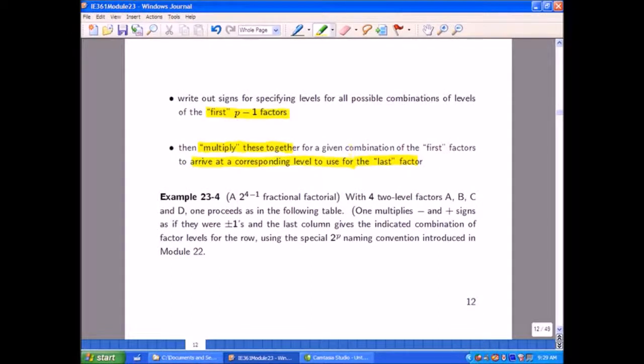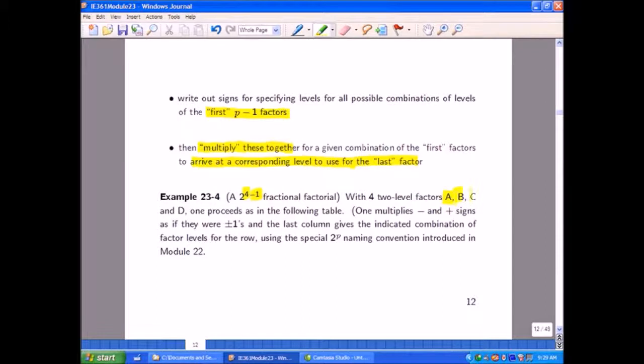So here is an example. Let's talk about 4 factors. We're talking about a half fraction, so we're talking about a 2 to the 4 minus 1 fractional factorial.